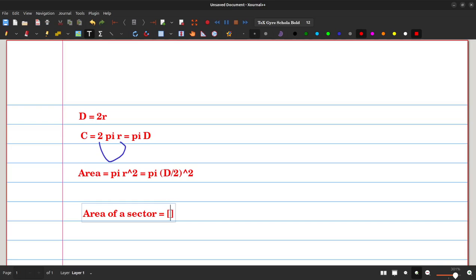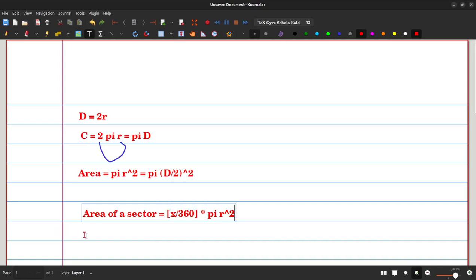To define the part, we use theta, let me call it x, which is the angle of the sector, divided by 360. Then multiply this fraction by the area of a circle, which is pi times r squared.